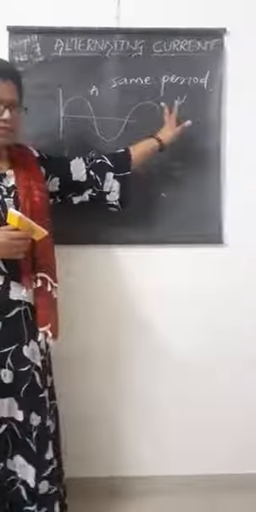These two waves are moving with the same period. The important thing is the same period. Wave A and wave B propagate with the same period, meaning whatever the properties, period, frequency, amplitude, they are the same with respect to A and the same with respect to B. So what is the phase difference?